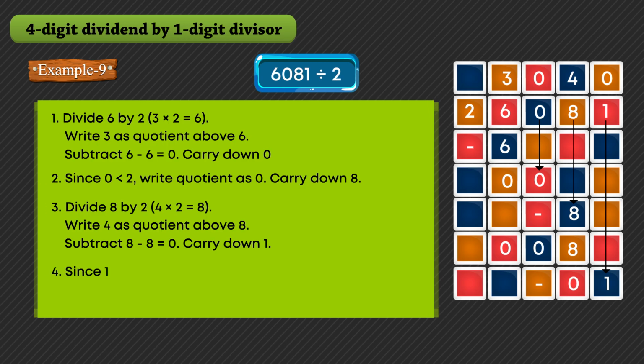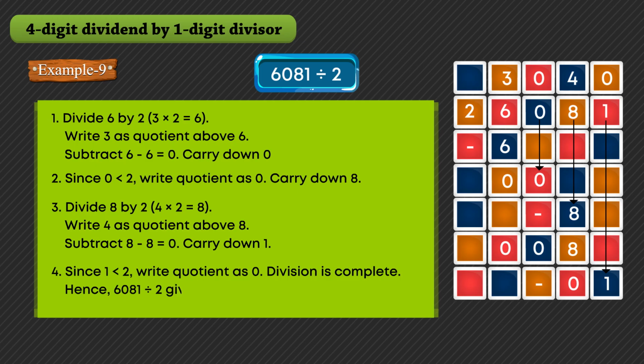Since 1 is less than 2, write quotient as 0. Division is complete. Hence, 6081 divided by 2 gives quotient is equal to 3040. Remainder is equal to 1.